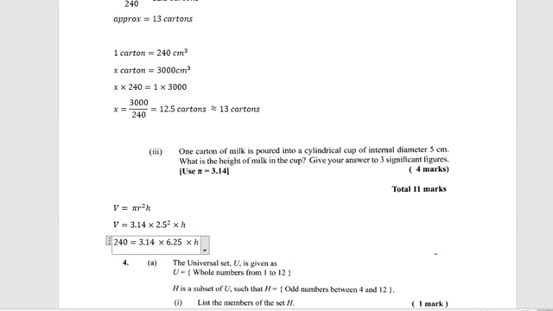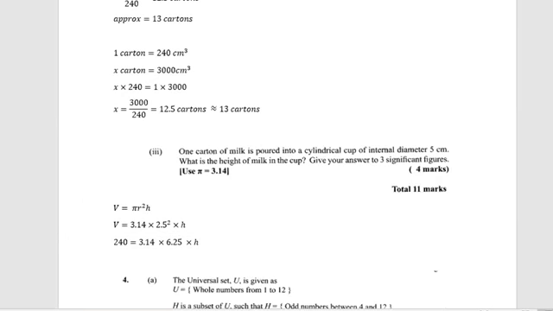Can anybody tell me what h is? 12.22. So what we'll have is 240 is equal to 3.14 multiplied by 6.25. You'll get 19.625 multiplied by h, which is our height.